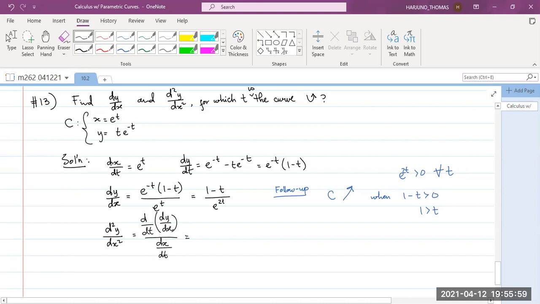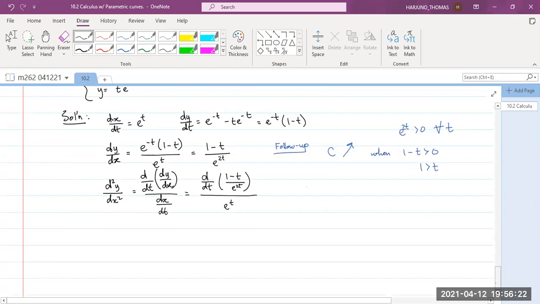So do the derivative of that dy/dx above with respect to t, over e to the t.